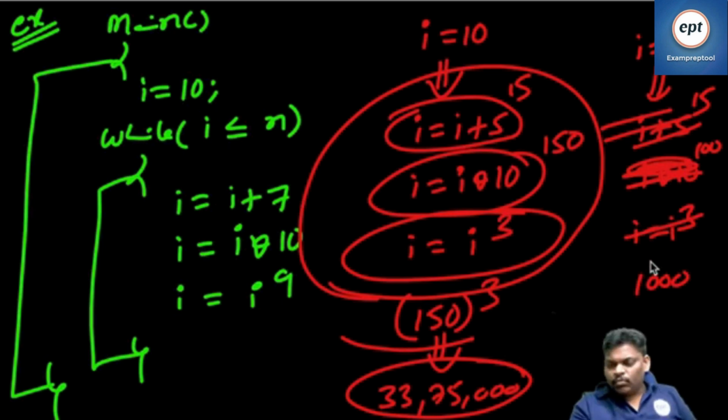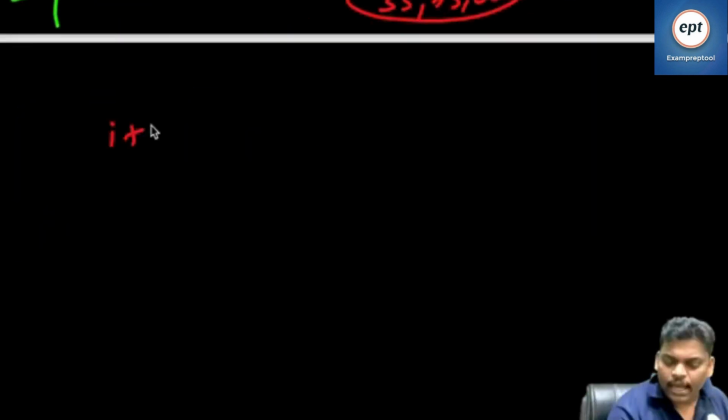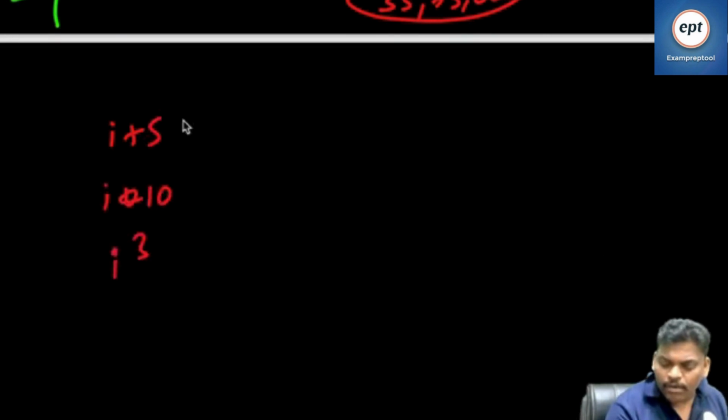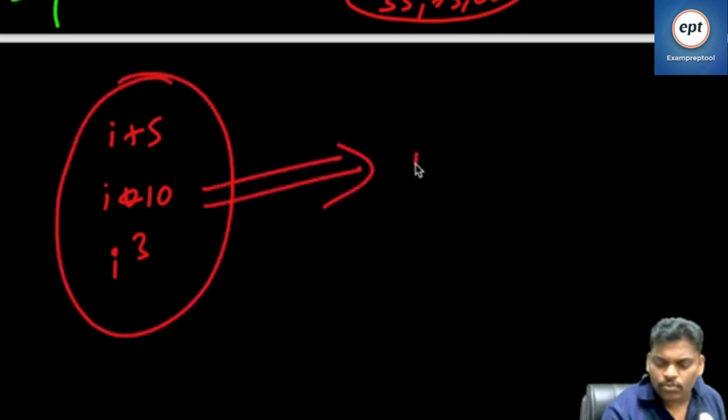What I want to say directly, everyone listen. Actually in this problem, I have to do all three operations. If I do all three, this problem becomes more complex. The solution is, for a bigger I value, I plus 5, I into 10, I power 3, these three are almost close to I cube only.